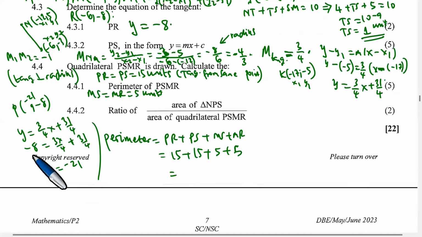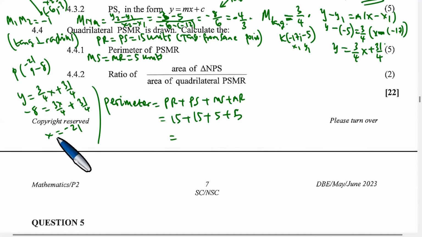Let's discuss how we get minus 21 here. We get minus 21 because we multiplied through by the LCD. At this point, if you multiply through by 4, it's going to be minus 8 times 4. Then you multiply 3x over 4 by 4, and 31 out of 4 also by 4.